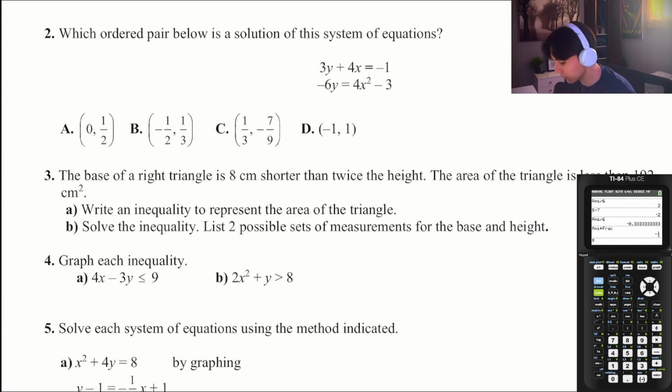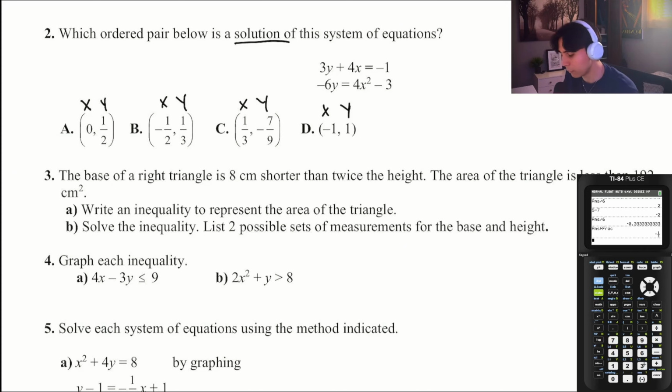Question number 2. We're asked to find which of the pairs below is the solution to the system of equations. The best way I like to do this is, I'm not going to solve it. That's going to take a lot of time. What we can do is just test each point and see which one gives us a good answer. If we're plugging in x and y for both, we're technically verifying the solution, right?